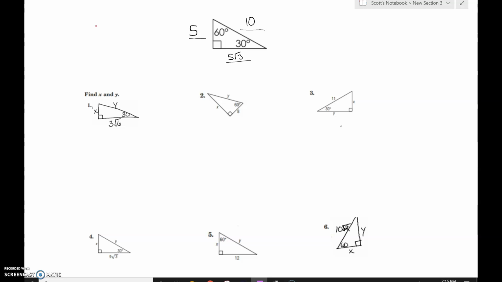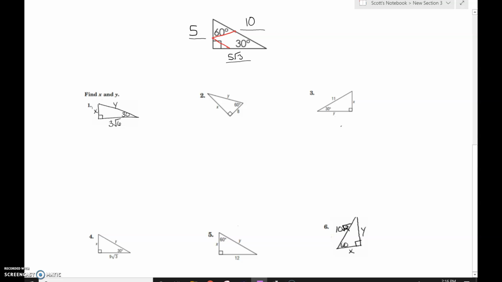First thing we're going to have to do is be able to label what we have. So how I do this, there's kind of like a roadmap that we're going to follow. Just like how we will do in the future with sine, cosine, tangent, this 30 is going to be what's called a reference angle. So I'm going to shoot opposite, like an arrow, and I'm going to create an arrow to all three sides.